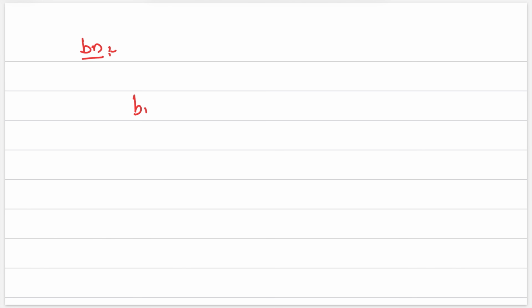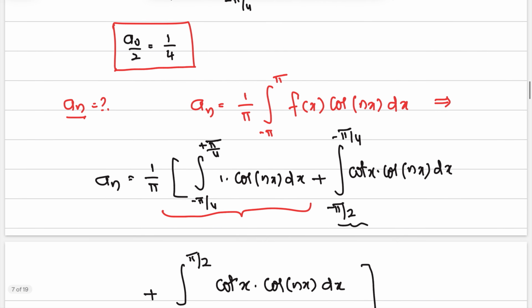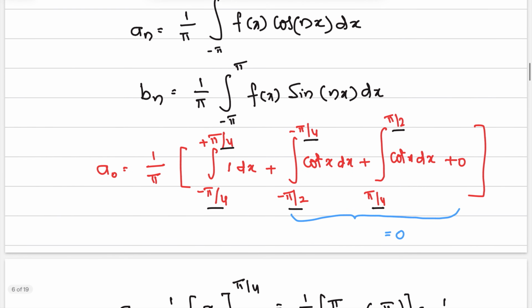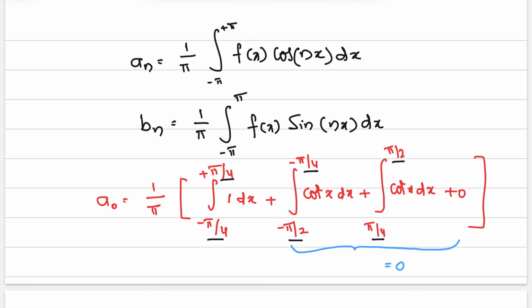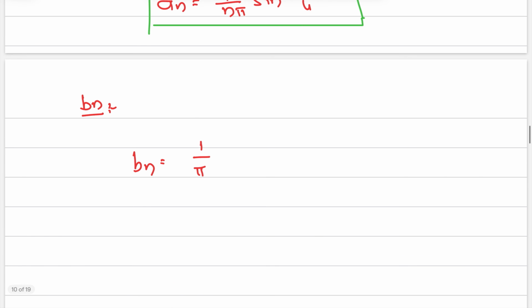Bn is given as 1 by pi into the integral from minus pi to plus pi of function x sin nx dx. This is bn.